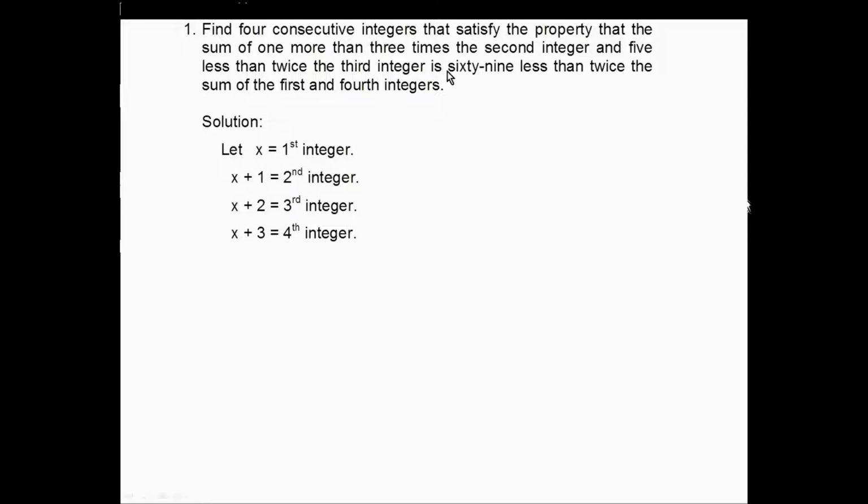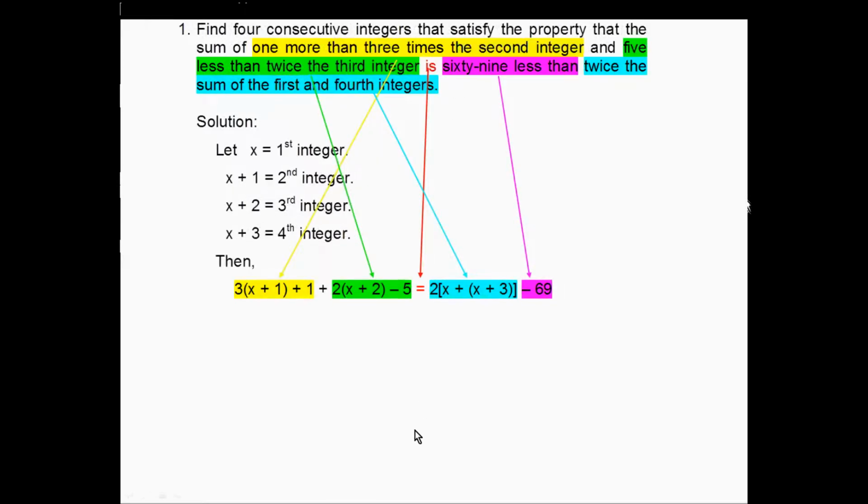Now, here is our verb of being. Notice, except for the first integer, all the other integers have some sort of operation with them. You need to keep these in parentheses. So there's our verb of being. Now, here's where everything comes from. This is the plus sign for where it's sum. One more than 3 times the second, where the second is x plus 1. 5 less than, so there's my 5 less than, twice the third.